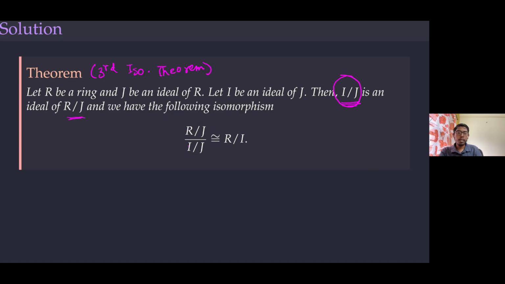If you take (R mod J) mod (I mod J), because now I know that this is an ideal of this, and hence this quotient makes sense, this quotient is nothing but R mod I.